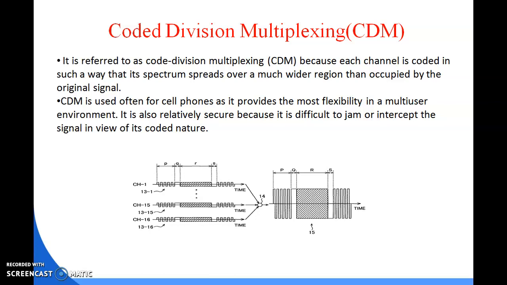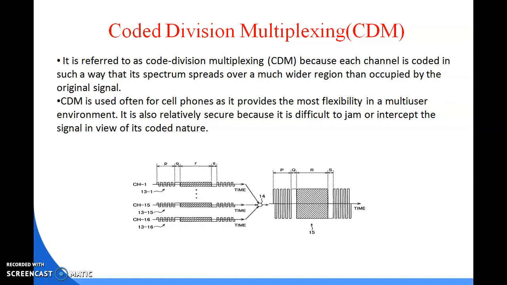Since all the signals are in coded form, it is very difficult to intercept or jam them. Clear? So that is another advantage of code division multiplexing.